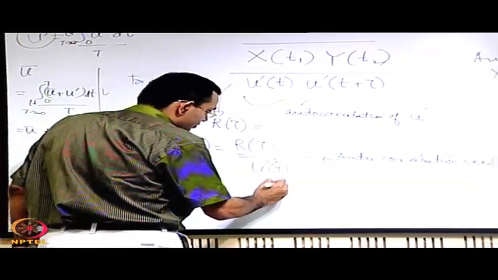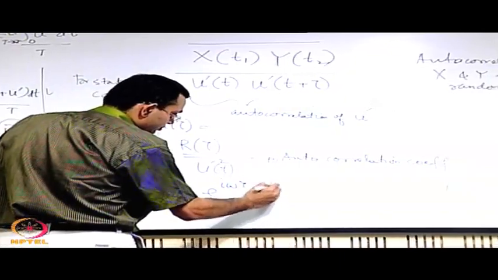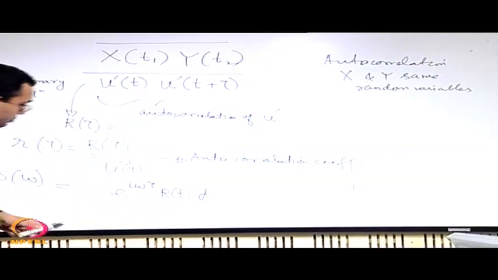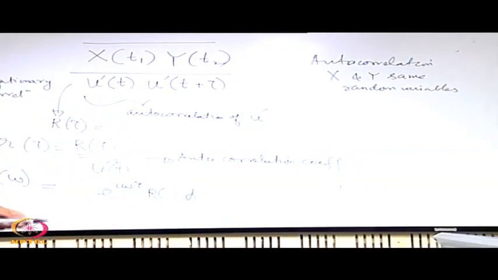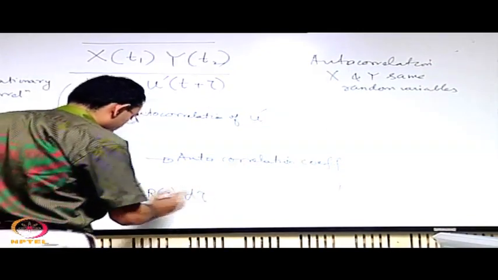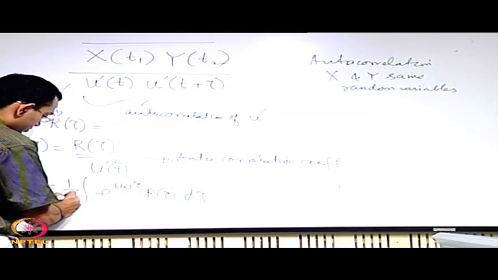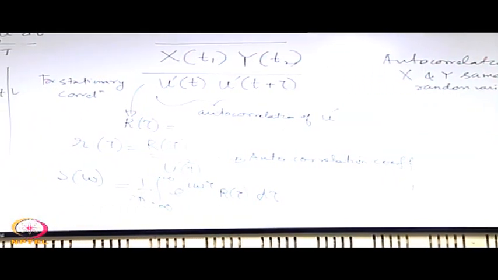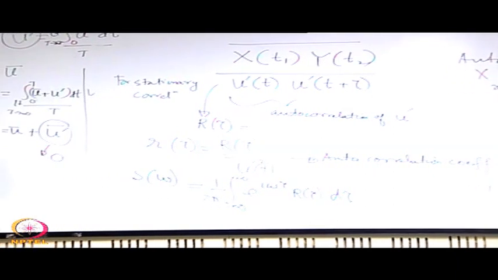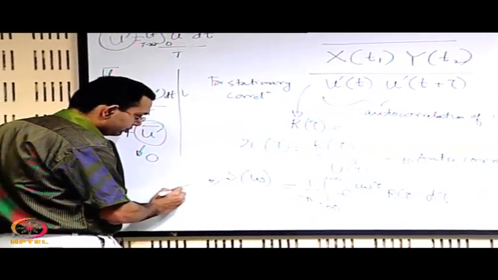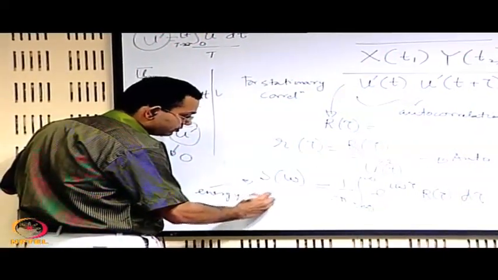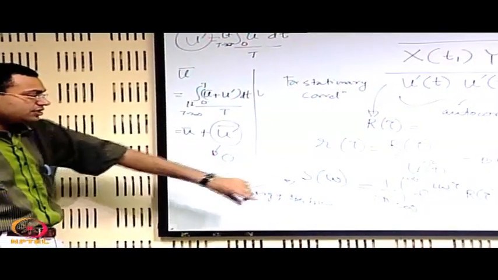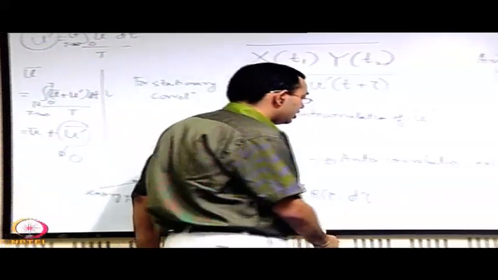So this is known as the energy spectrum of the turbulence, and we will see why it is so. And with the inverse Fourier transform it is also possible to recover the R.